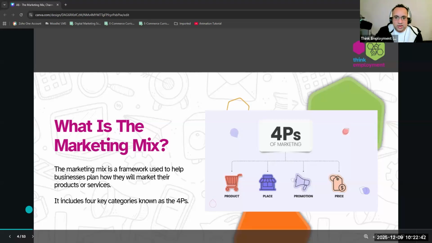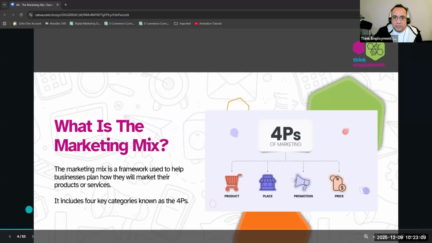For example, product is about user experience, personalization, digital add-ons, customer reviews. Price is about dynamic pricing, freemium models, subscriptions, price anchoring, basically displaying the original versus the discounted price, automated discounts, promo codes, abandoned cart offers, when they pop up suddenly when you're trying to click away.